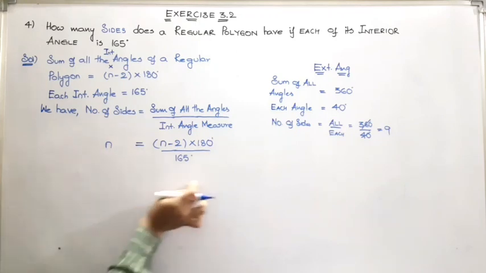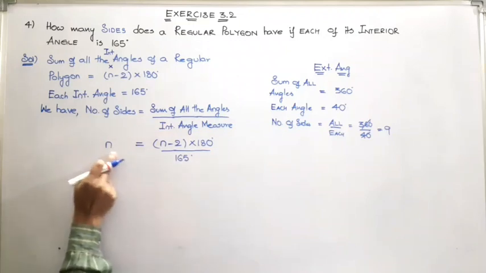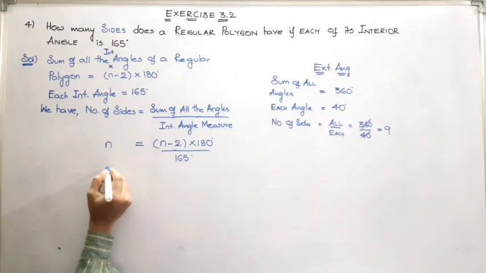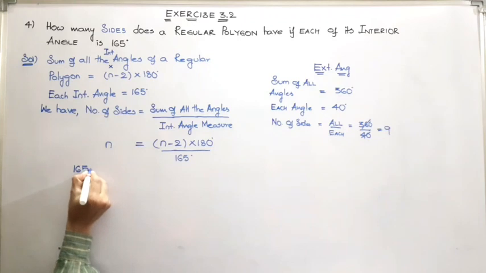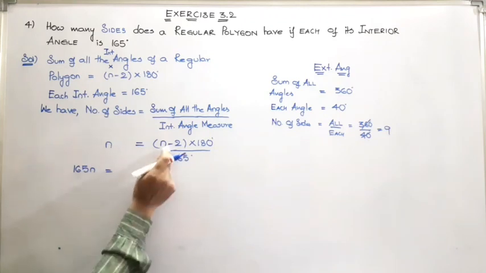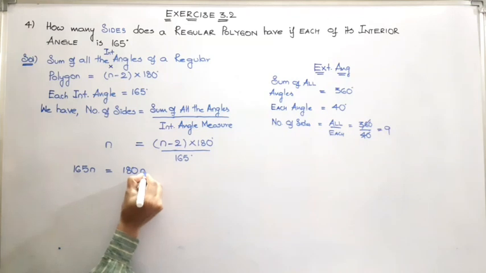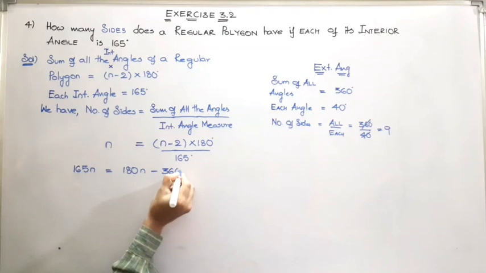Now we have a linear equation in one variable. So multiply this 165 with n, so that 165n is equal to (n minus 2) into 180, that is 180n minus 2 into 180, 360 degrees.